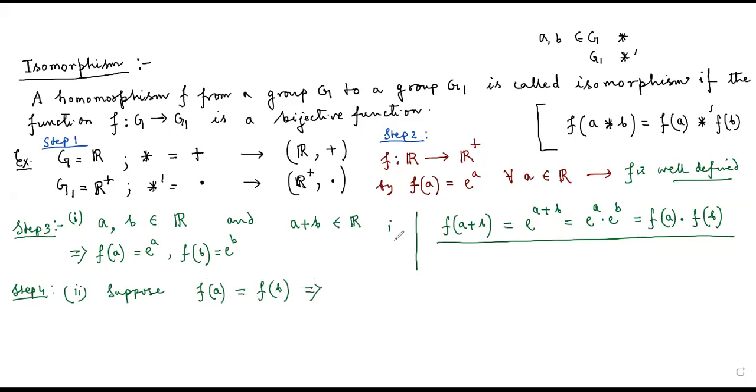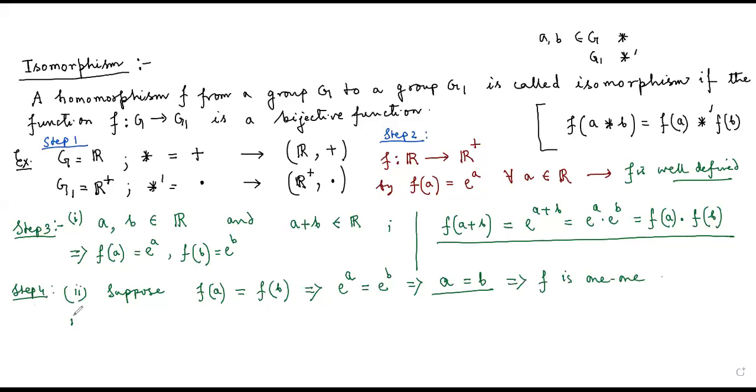If it is so, then according to the definition, we can write e to the power A and e to the power B are the same. And from there we can directly write A is equal to B. So this implies that the images are the same. When the images are the same, the pre-images are also the same, which consequently says that the function f is one-to-one.